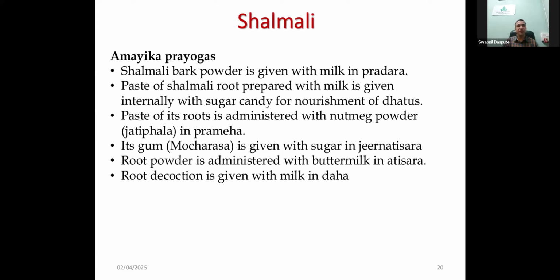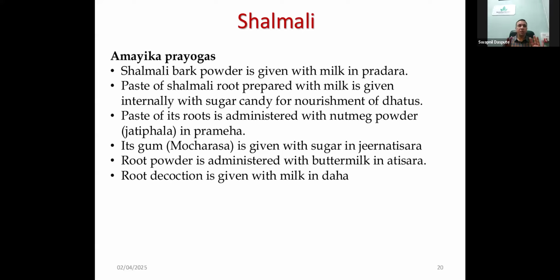Wherever permission is required, take permissions. Wherever permissions are not required, take permission of the herb and pluck them, be it any medicinal part of the herb which you are going to use, and use them fresh wherever possible.